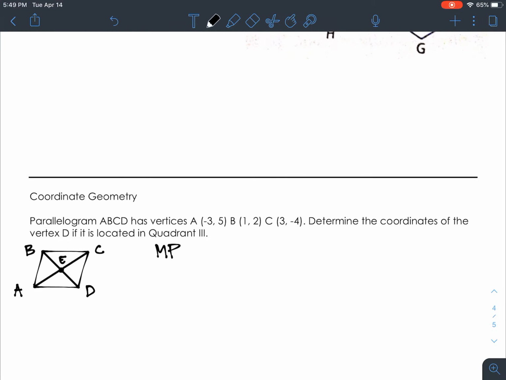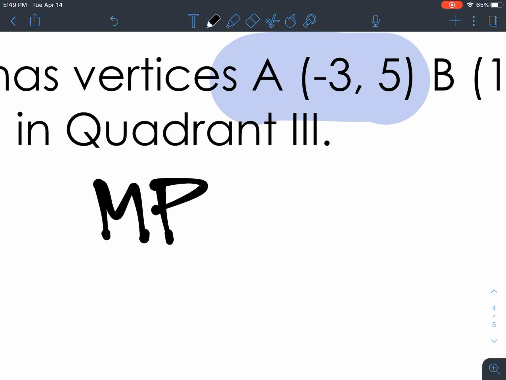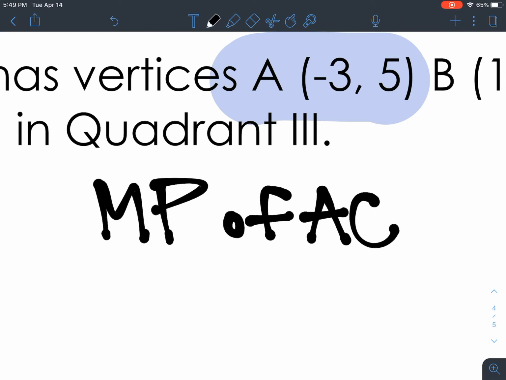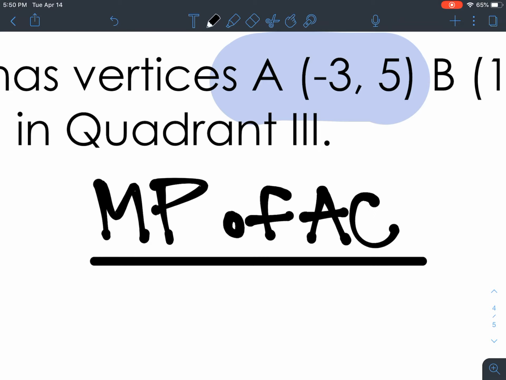So can we find what point E is using the information that we're given? We can, because we have A and C to help us. So using AC, we're going to find the midpoint of AC to tell us what the coordinate of our midpoint is, which is E.